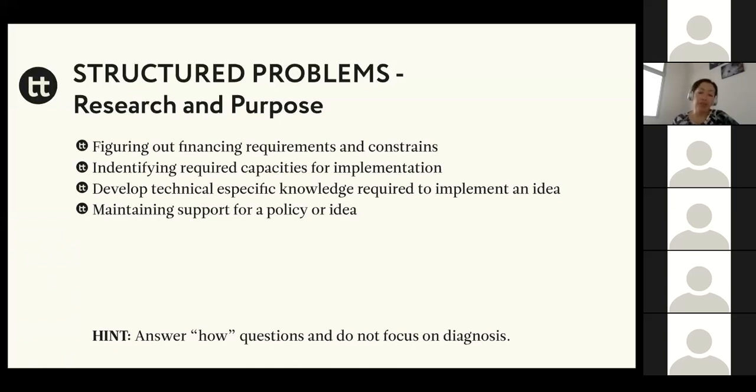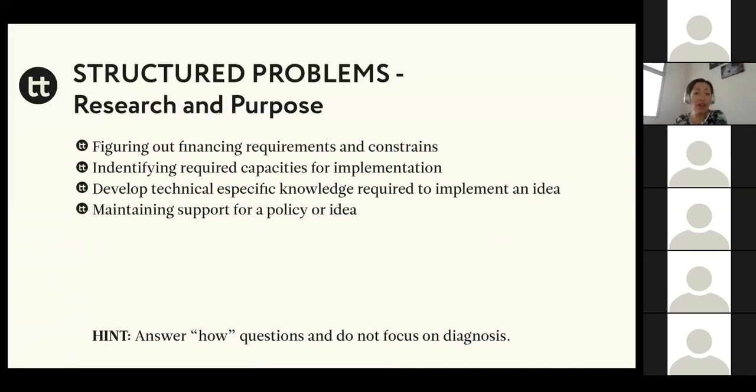I remember the case of a think tank that works on renewable energy. What they required was really understanding the technical aspects of the problem: what type of energy to put, where they could install solar panels or windmills. This is the type of very technical knowledge that sometimes is required to implement an idea that there is a general consensus should be implemented.